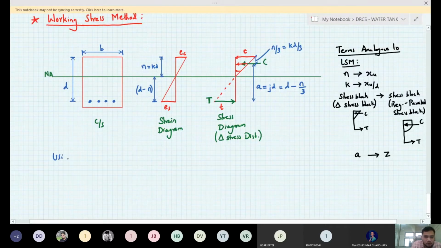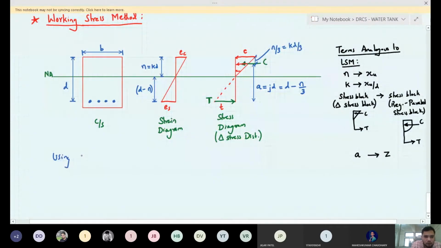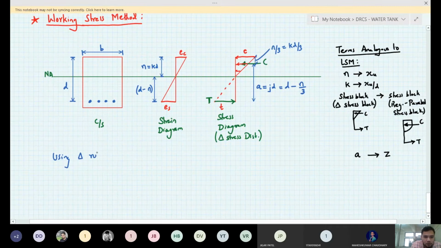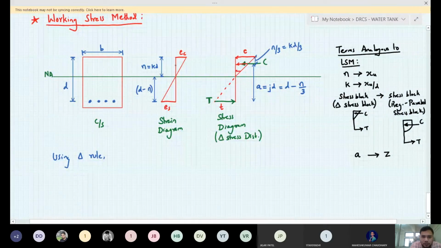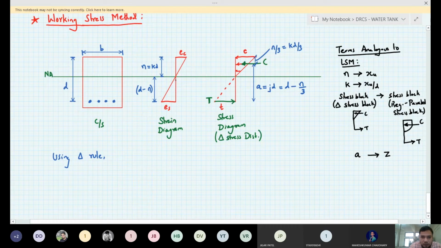Using the triangular rule, we know that the ratio of the sides is proportionate.